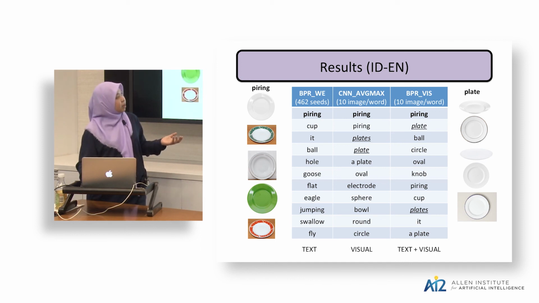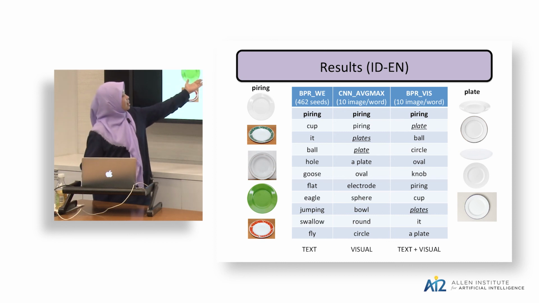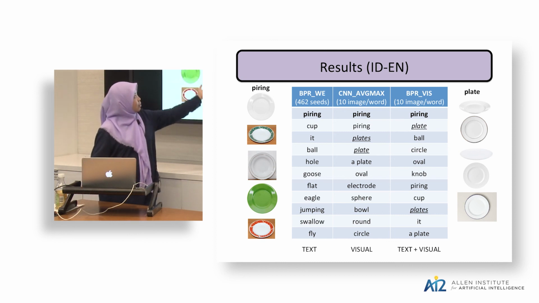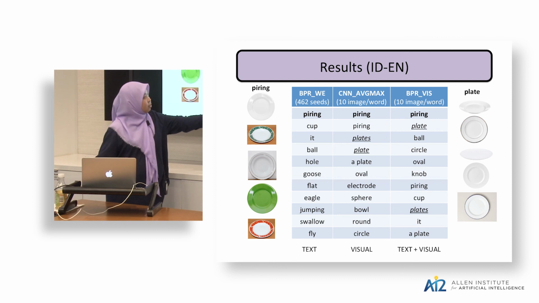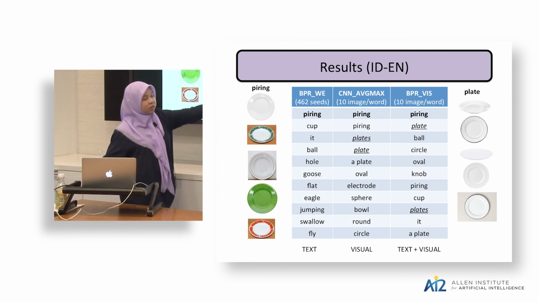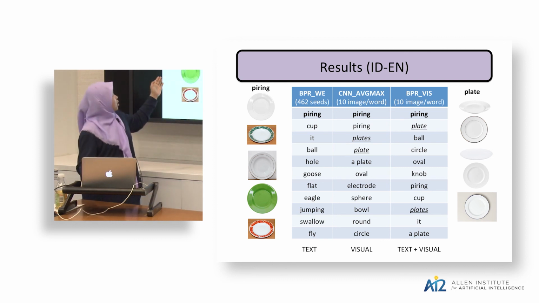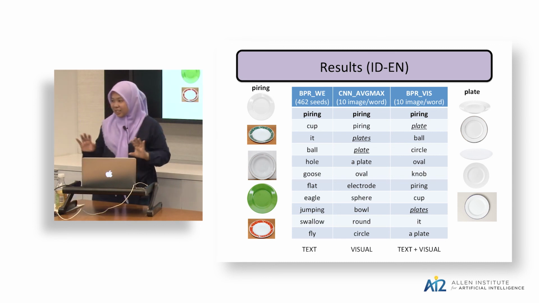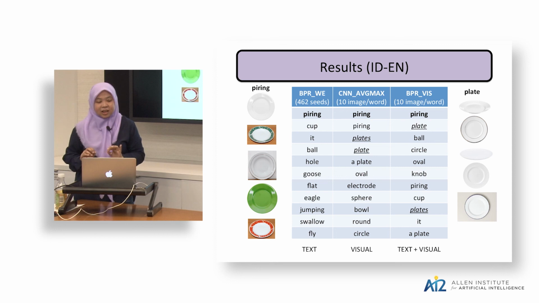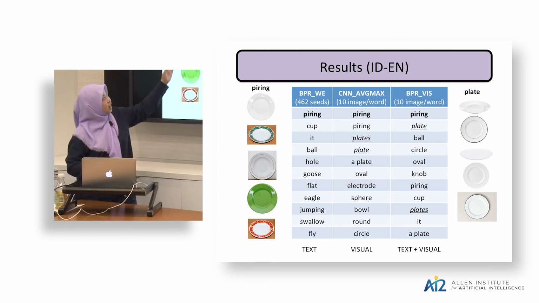So we also experimented on this data set, and we tried only text-based, only visual-based, and we also combined the two. We removed a lot of the Mechanical Turk dictionaries that we use as seeds because they are in the test set, so we don't use them to learn the mapping.